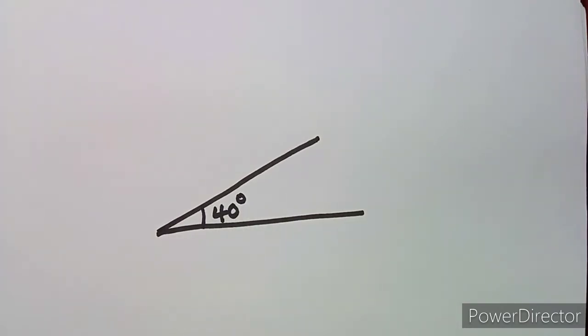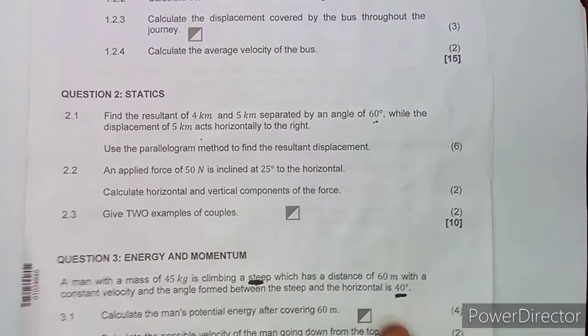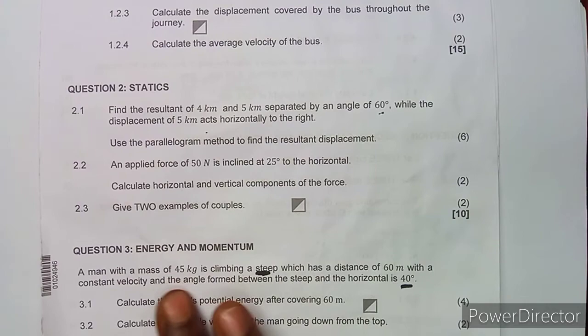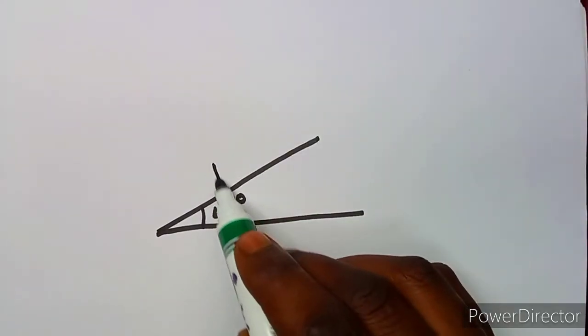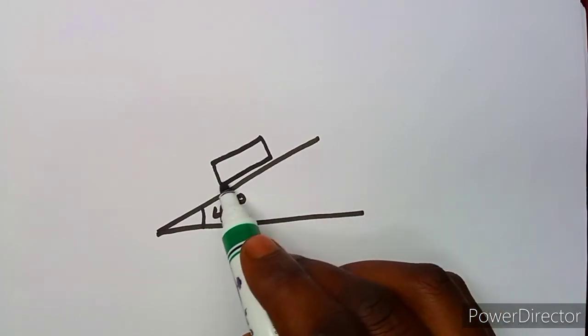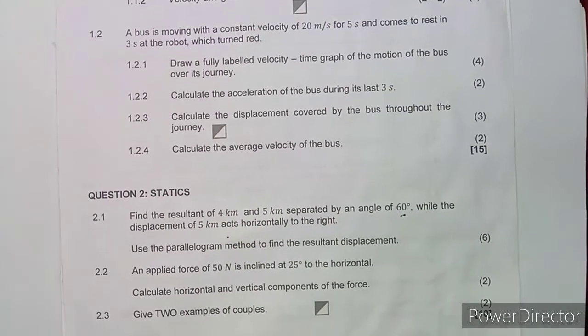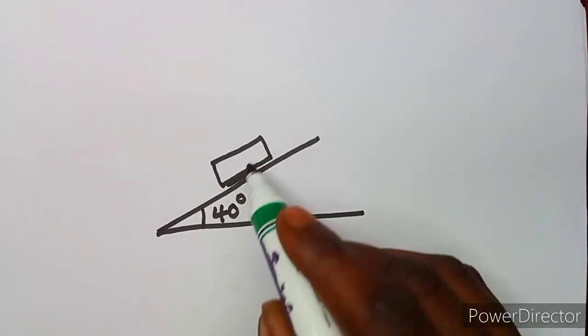Let's come back here together, guys. There's an angle of 40 degrees, and the man has a mass of 45 kg.